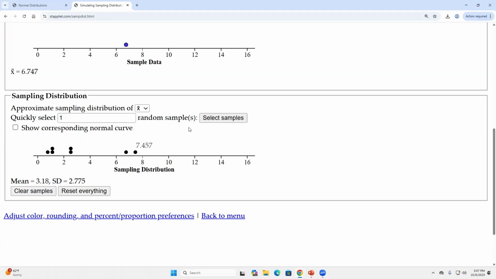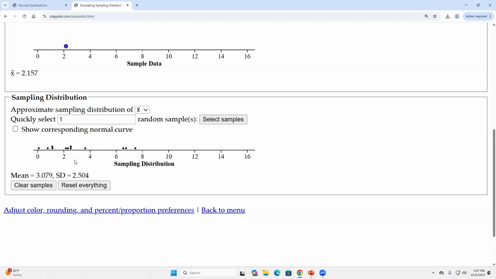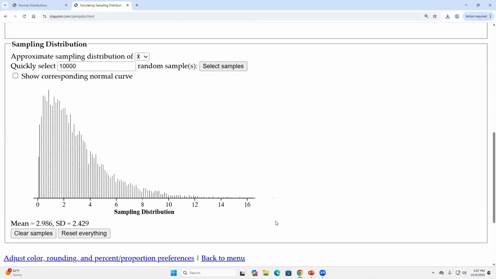And if you were to keep doing this over and over again, and we're just going to speed run this, let's put in 10,000 to make it abundantly clear. If you were to select now 10,000 samples and take a look at the shape of your sampling distribution, you would find it looks like this.